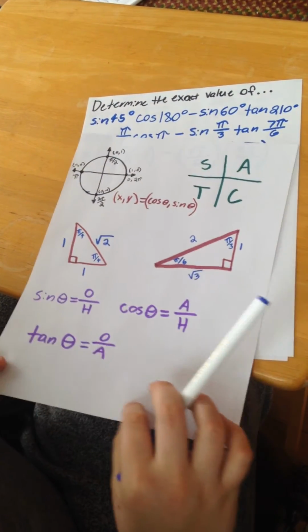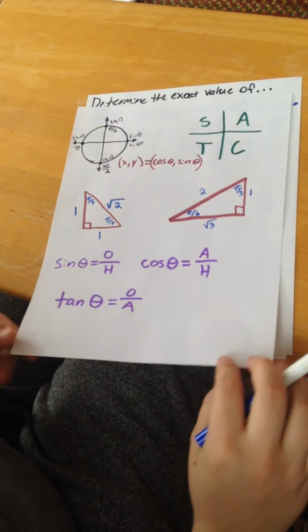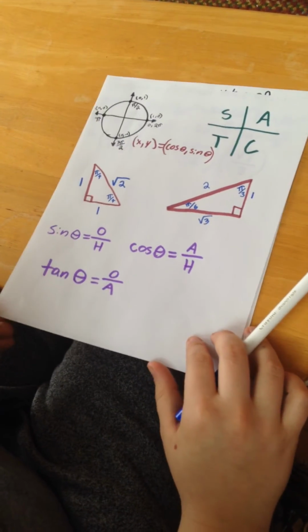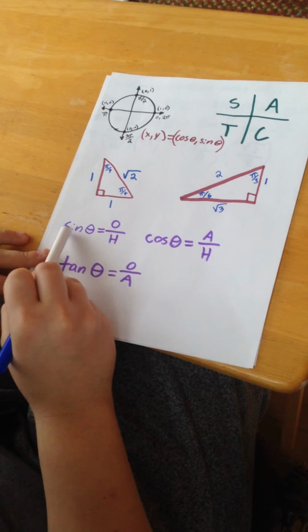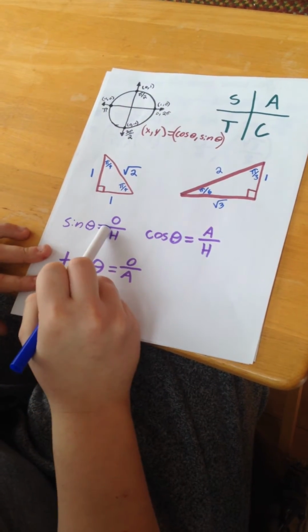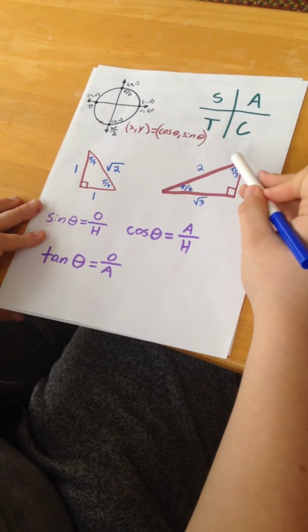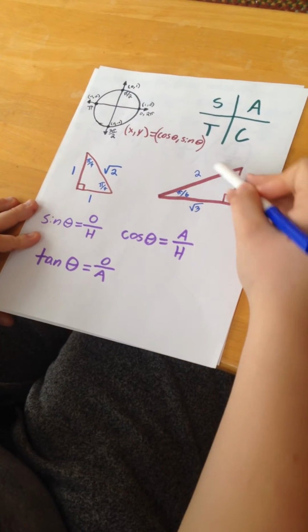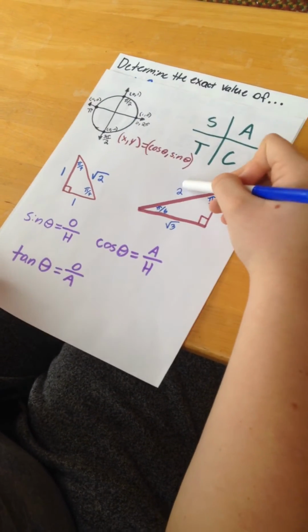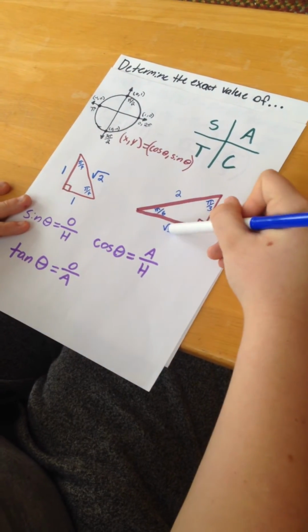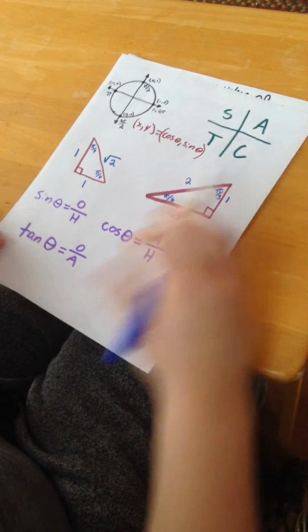Now for the sine pi over 3, again, we look at our special triangles, and we have to remember that the sine of theta equals opposite over hypotenuse. So we go to the pi over 3, and the hypotenuse is 2, and the opposite is root 3, so it's root 3 over 2.